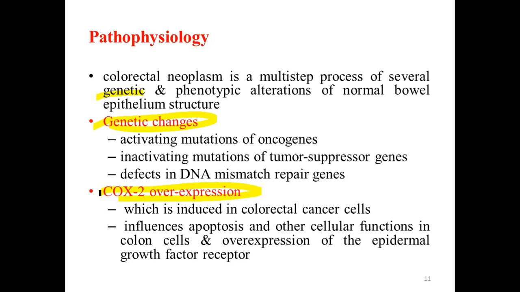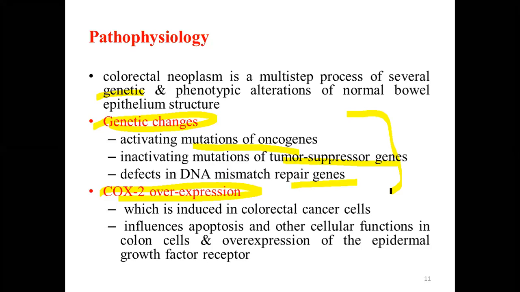In the genetic alteration, there is activating mutation of oncogenes, inactivating mutation of tumor suppressor genes, and DNA mismatch repair defects. Those are some of the possible pathophysiologic activities in the colon and rectal region. If there is any of those genetic changes, there is a high probability the patient will have colorectal cancer.